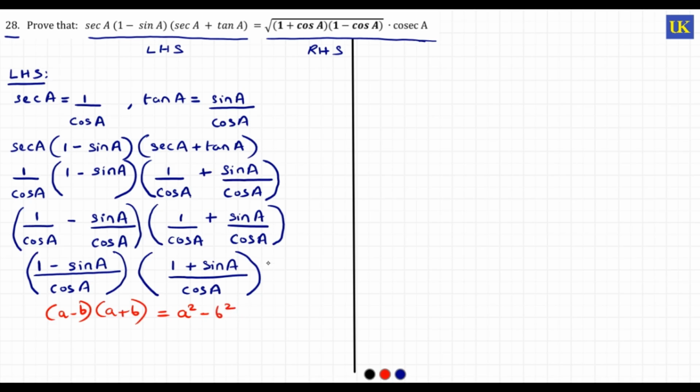So this formula will be applied here in the numerator part. So I can write 1 square minus sine square a, and in the denominator cos a into cos a will become cos square a.